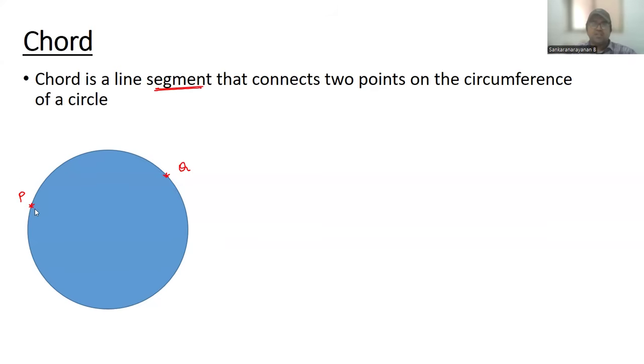So I'm just going to join this P and this Q. So this is that segment I am referring to. This line segment that has connected P and Q, those 2 points lying on the circumference of the circle, I call that PQ as the chord.